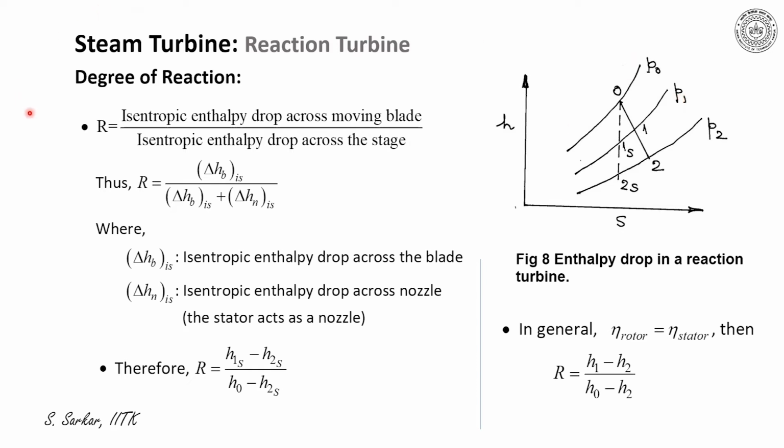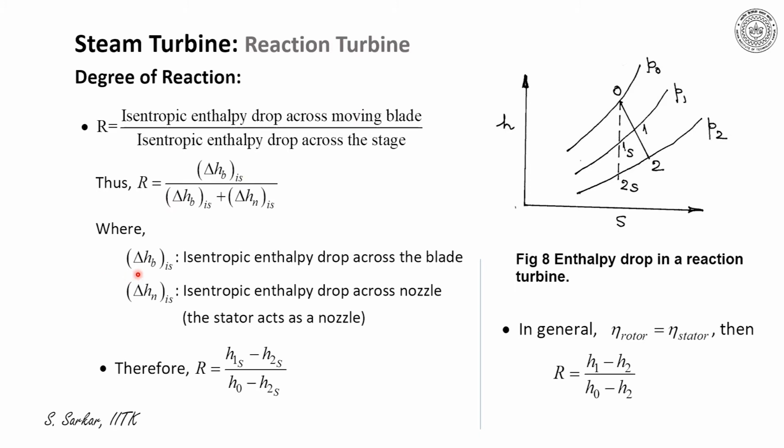Now, the degree of reaction can be defined as the ratio of isentropic enthalpy drop across the moving blade to the isentropic enthalpy drop across the stage. Thus, R is equal to delta H_B isentropic, where suffix B stands for the moving blade.